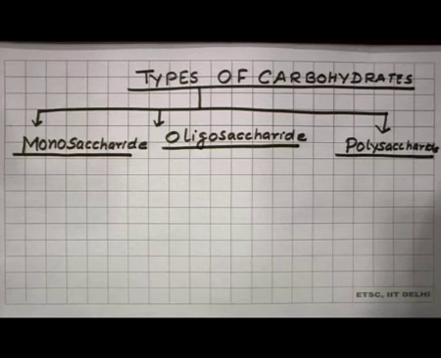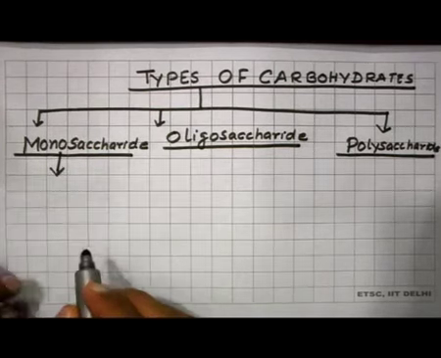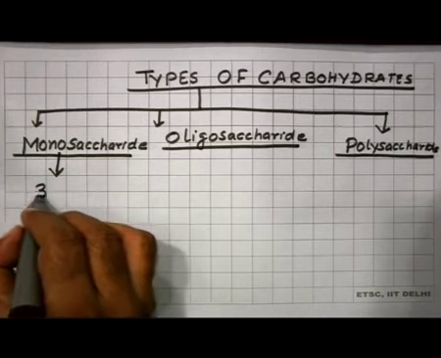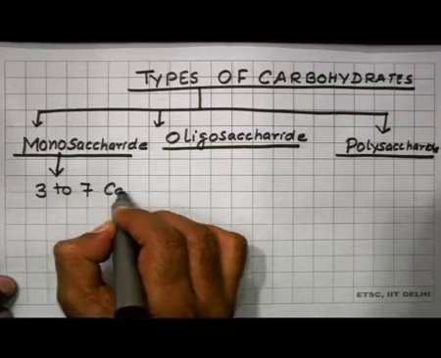First of all, monosaccharide. Monosaccharides are those types of carbohydrate which, after splitting, give 3 to 7 carbon atoms.